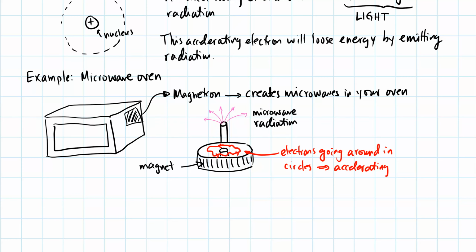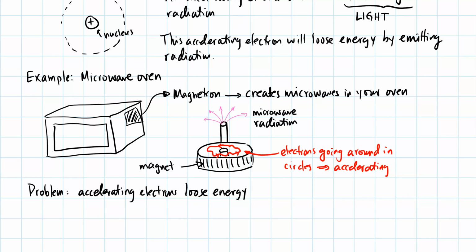From the accelerating electrons. But there's a problem with these electrons. Accelerating electrons lose energy. And because they lose energy, the electrons would quickly come to rest if they are accelerating like that.